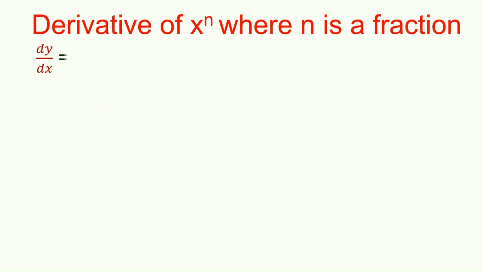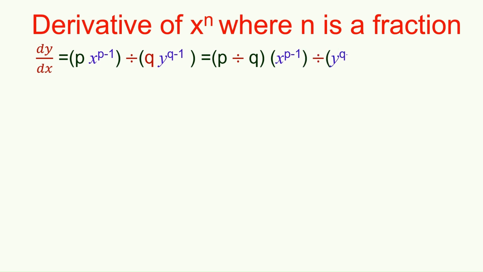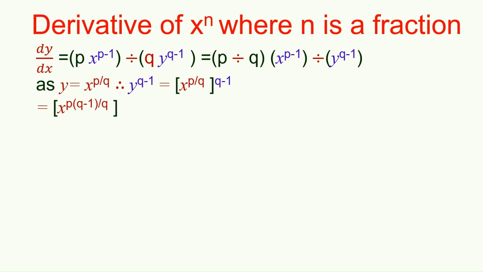dy/dx equals p x to the power of p minus 1, divided by q y to the power of q minus 1, equals p divided by q, x to the power of p minus 1, divided by y to the power of q minus 1. As y equals x to the power of p divided by q, therefore y to the power of q minus 1 equals x to the power of p divided by q, to the power of q minus 1, equals x to the power of p minus p divided by q.